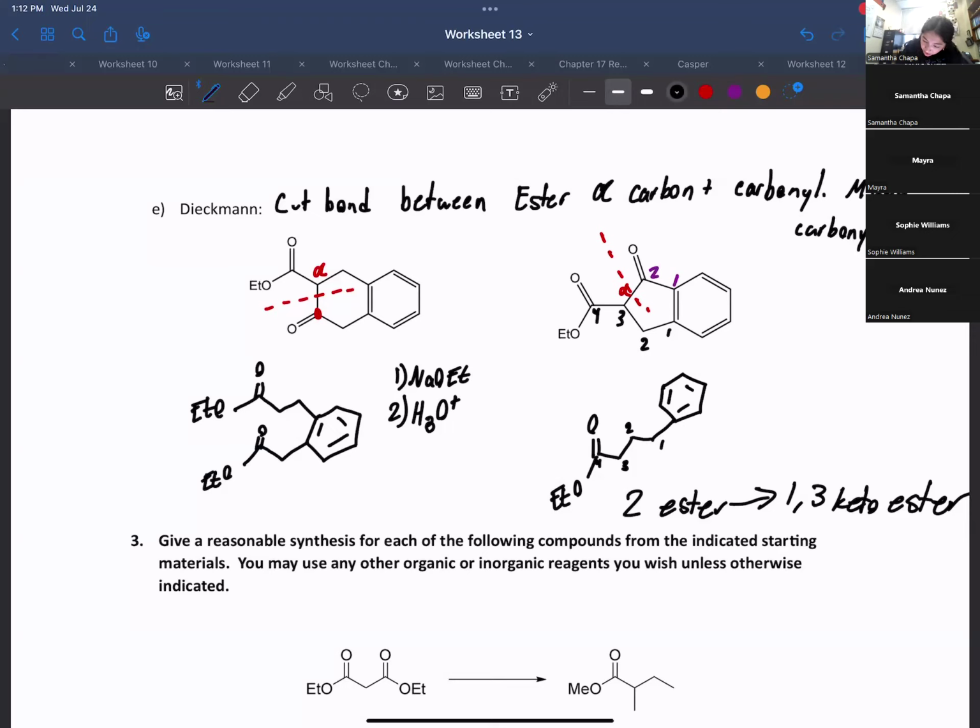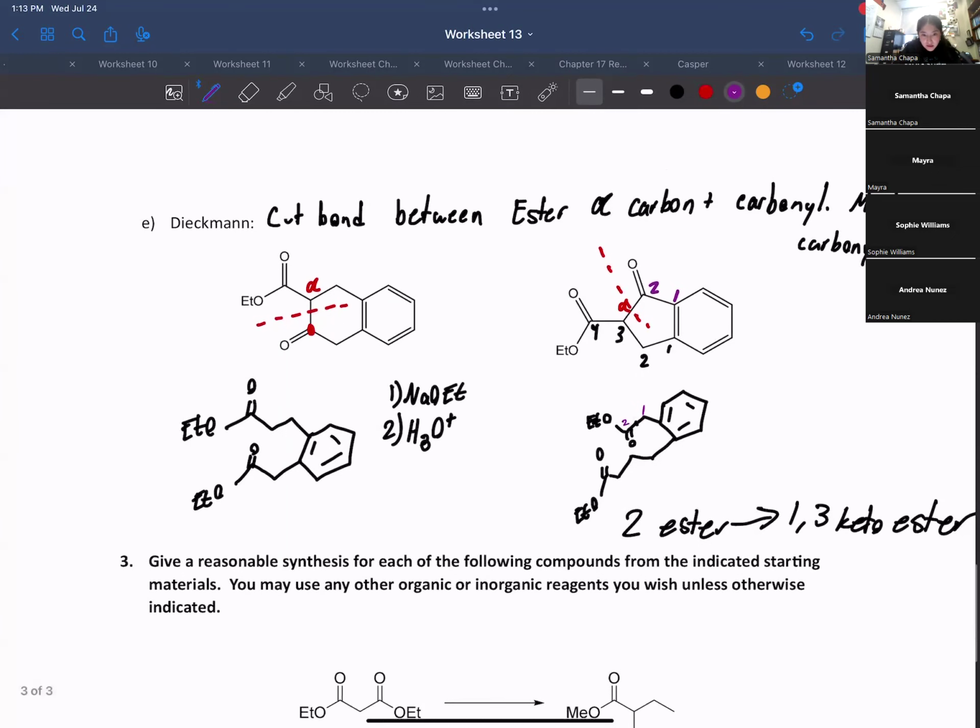There's 2 carbons coming off of that carbon next to it. It's a little cluttered, but I wanted to make sure that they're next to each other regardless.